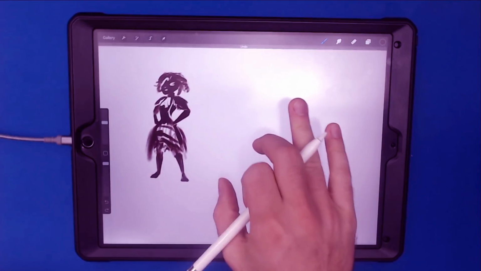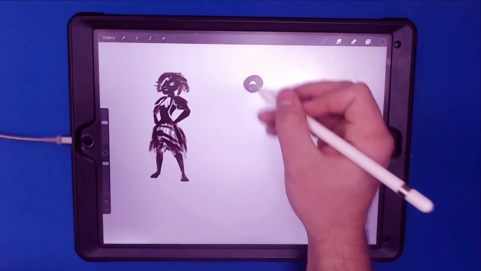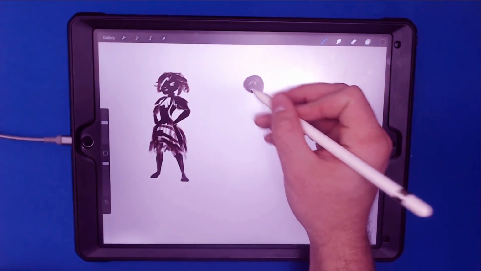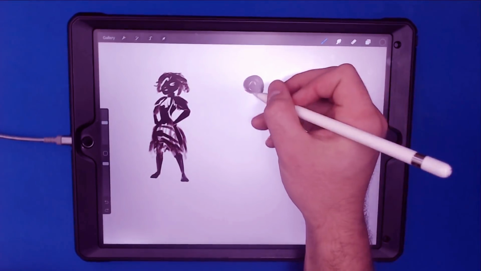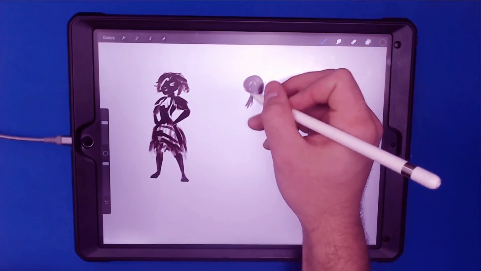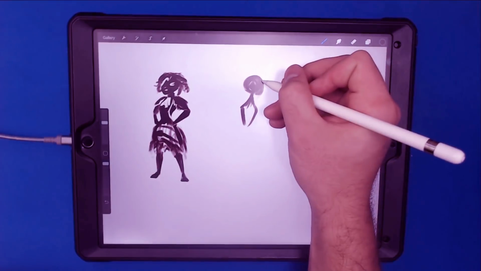Let's move on to another concept now. I want to try another set of shapes and really push the idea of her being arrogant and snooty, nose turned up. There's a nose.